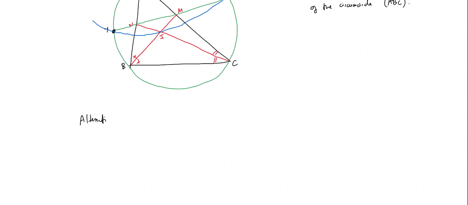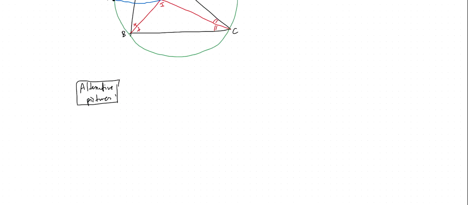These alternative pictures are not valid for exam purposes, but sometimes they are helpful for us to solve the problems. We can have an external one, for example, or both external, or external and internal.